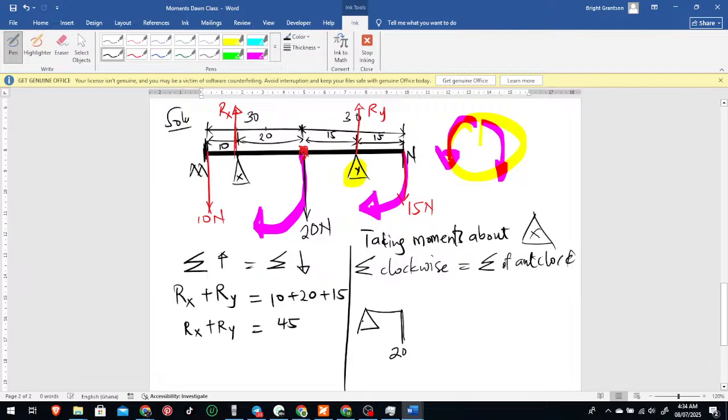What's the distance between the 20 and the x? The distance between 20 and x is 20 meters, or 20 centimeters. Plus, do we have another one? Yes, we do, which is 15 newtons. Now the distance between the 15 and the x is 20 plus 15 plus 15, which is 30 plus 20, 50. At this level, do we understand? Any question at this level?